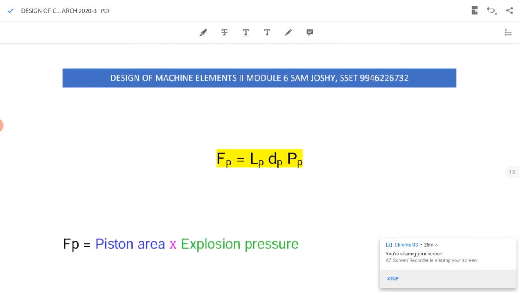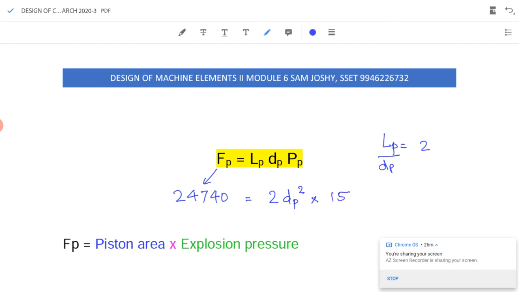So 24,740, that is Fp, equal to 2 dp square, substituting Lp equal to 2 dp, into bearing pressure, which was given as 15 Newton per mm square. I will get dp equal to 28.71 mm. Further, Lp equal to 2 dp equal to 57.4 mm. So this completes our third step.